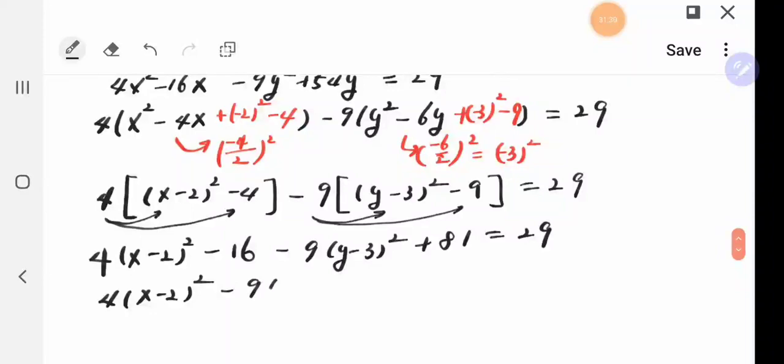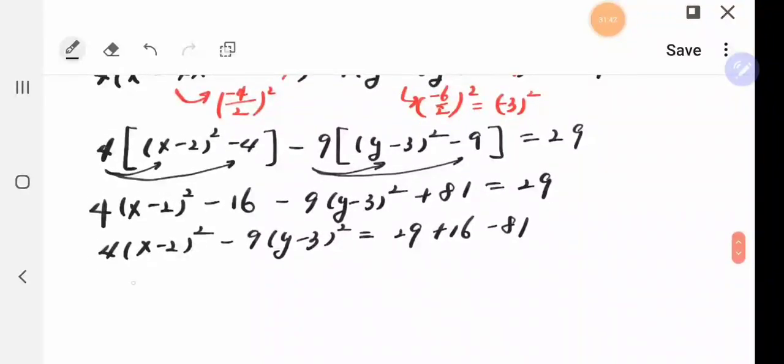Move minus 16 to the right, and 81 to the right, so minus 81. The left hand side is still the same. The right side is 29 plus 16, which is 45, so minus 81 plus 45 is negative 36.